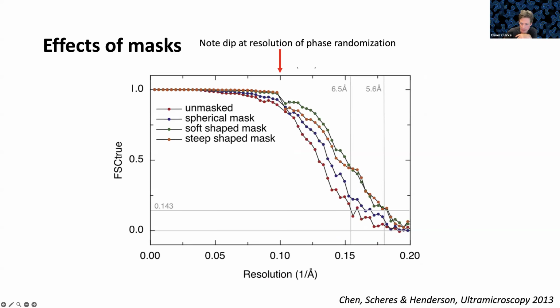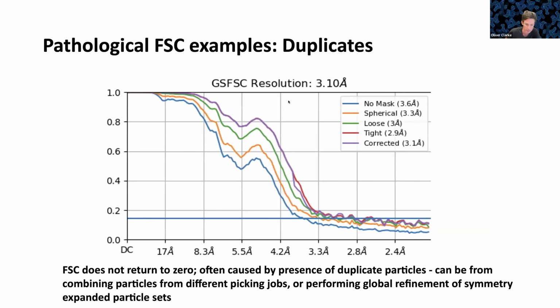That's also responsible for that dip that you will often see in a corrected FSC in either cryoSPARC or RELION. Just as another example of pathological FSCs, if you encounter something like this where the FSC does not return to 0, assuming that you have particles that have been appropriately binned, this is almost always caused by the presence of duplicate particles, right?